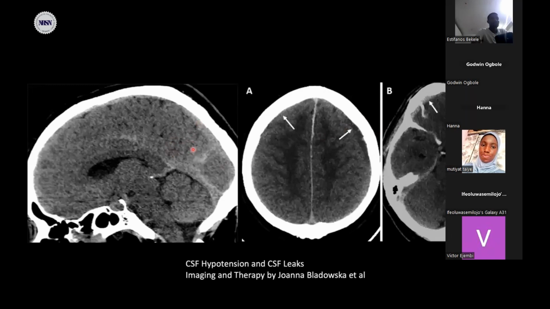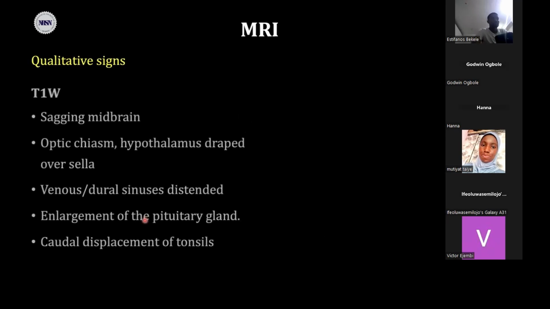So this is an image of a patient with SIH, and we see here there are subdural collections along the frontal convexities bilaterally. And on this sagittal image, the suprasellar cisterns, as well as the basal cisterns, and the prepontine cistern are also partly effaced.